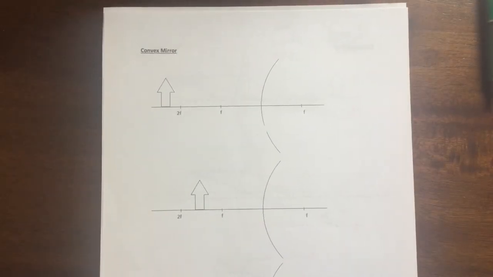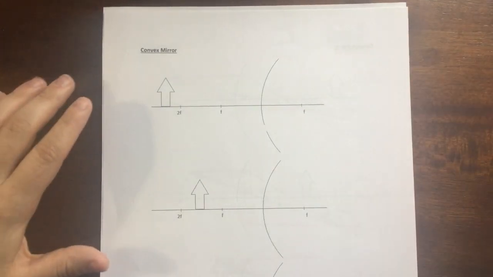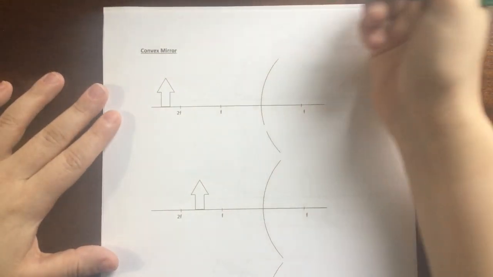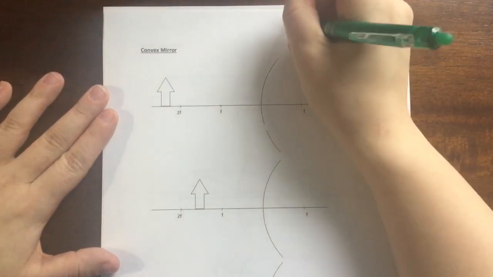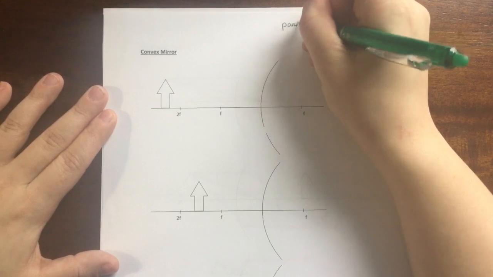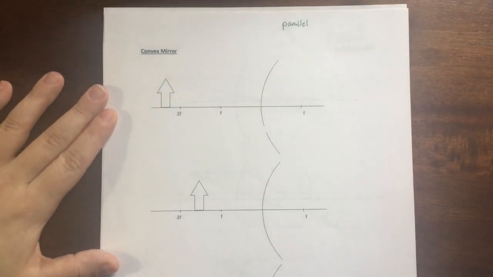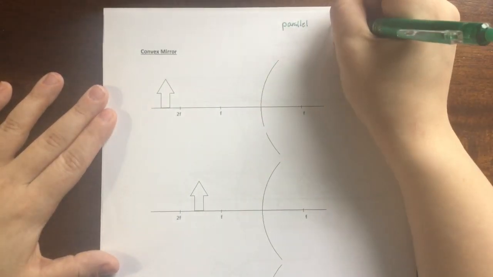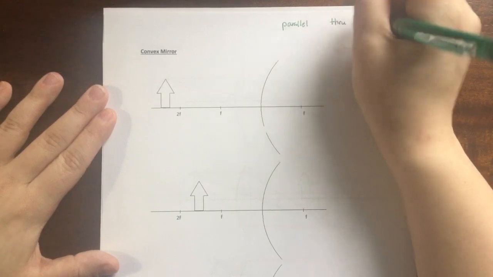Now we will analyze the convex mirror in its natural habitat. Again, we have three principal rays. They're a little different though than with the lenses. Our first one starts parallel, similar to before, and then it's going to go through the focal point.